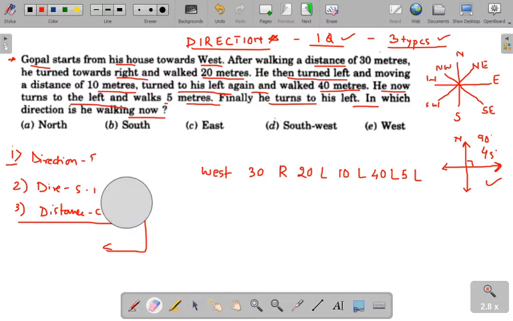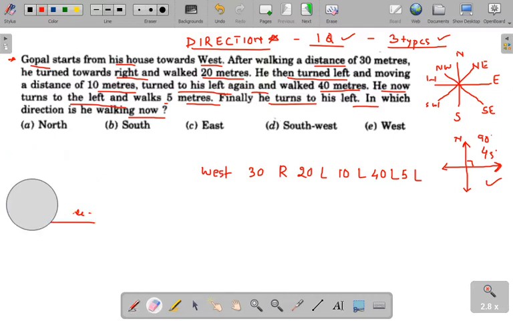Simple problem. What you can do is you can either use this approach. He started walking towards west. From west, he took a right, and then he took a left.